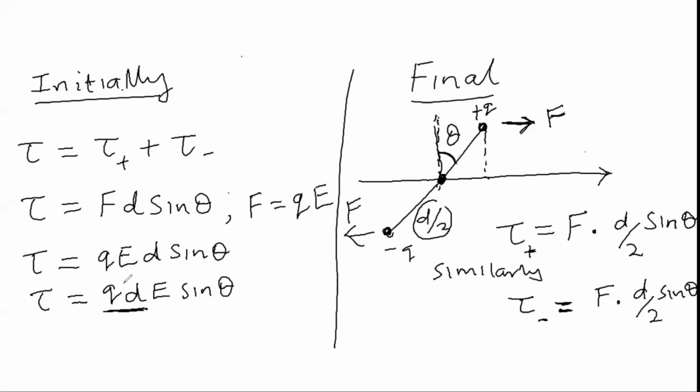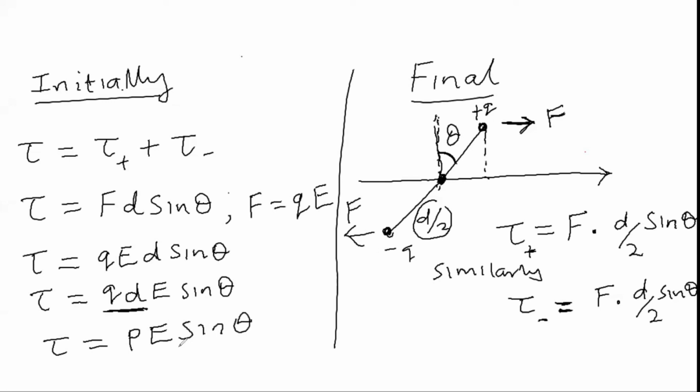Now I'm interested in this. What is qd, which is the product of the charge and the separation distance in a dipole? It is called the dipole moment. So this torque can be written as the dipole moment times E sine theta.